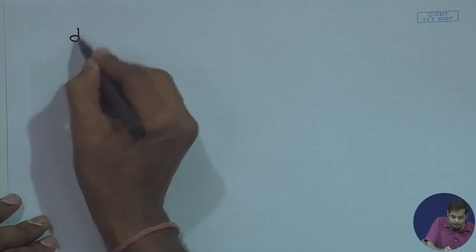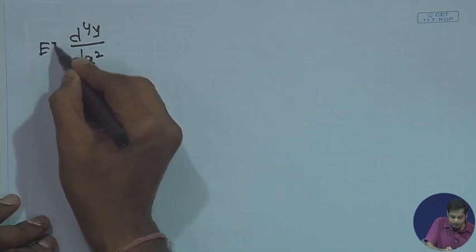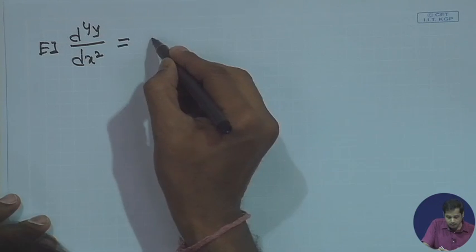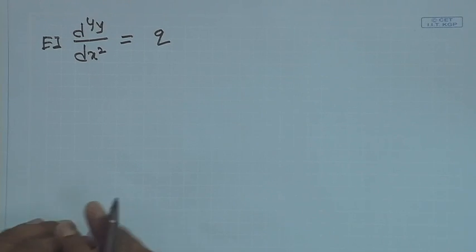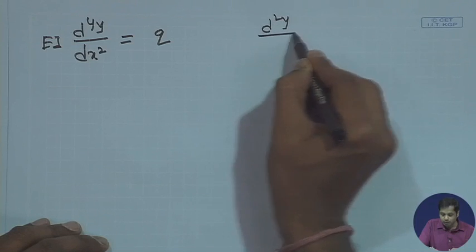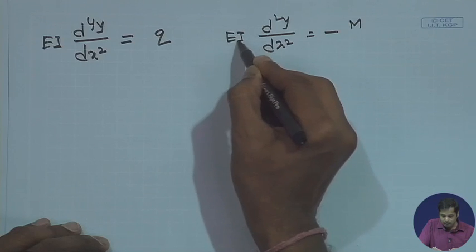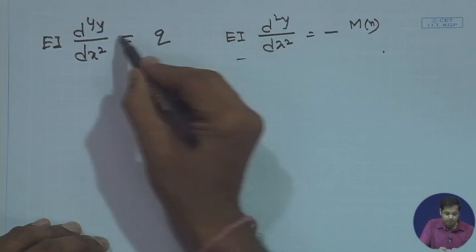One form was EI d4y/dx4 equal to q, where q is the intensity of the load at that particular point. Now, when you write this expression, the actual expression was d2y/dx2 equal to minus Mx by EI. From this expression we derived this.